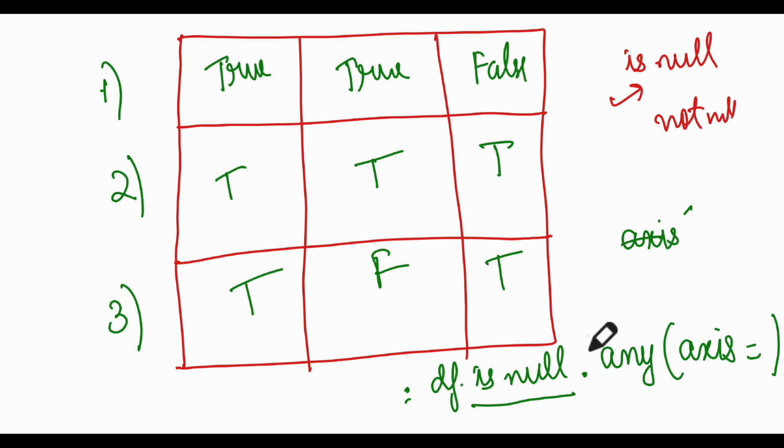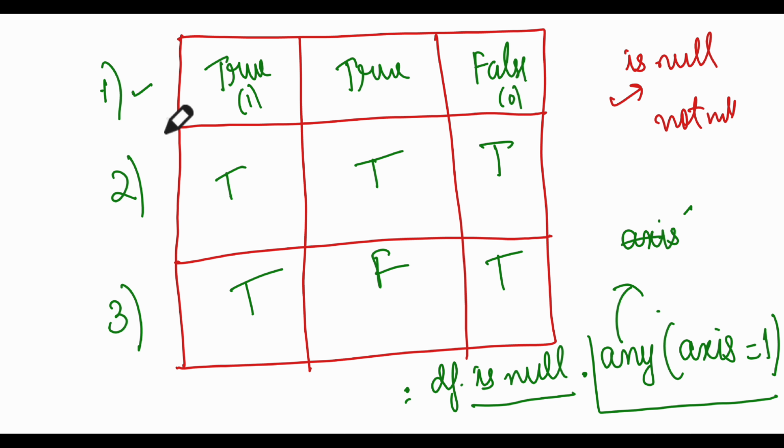So what does any with axis do here? Remember, true means 1, false means 0. If you say any with axis equal to 1, it will return all the rows which have at least one true present in the row.